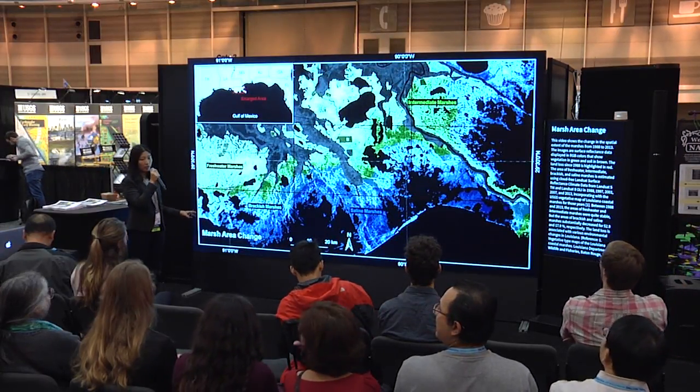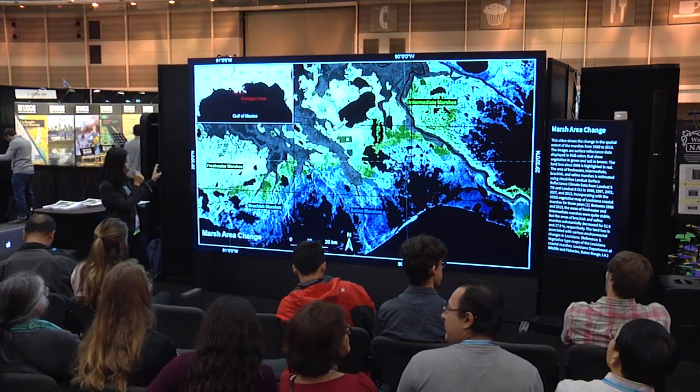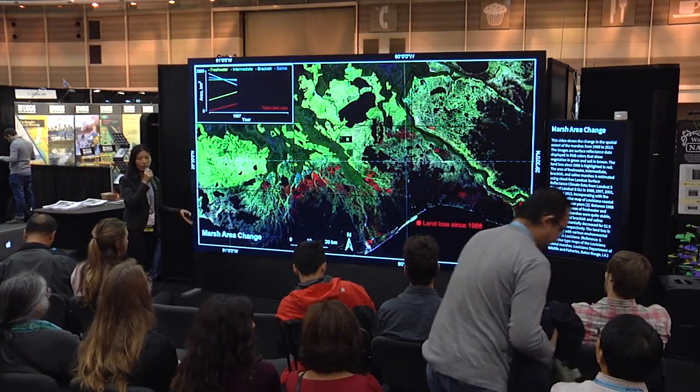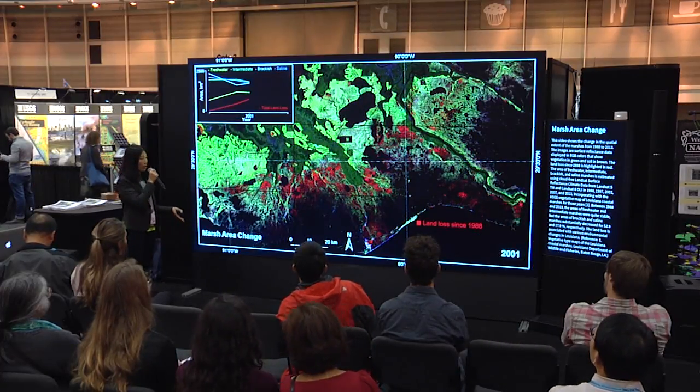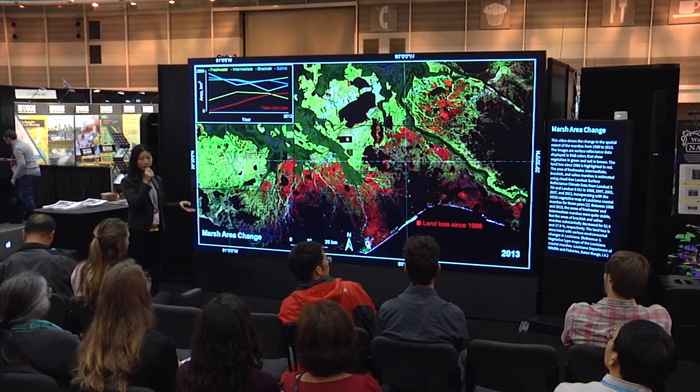This video is showing the area change of the marshes over the last 30 years. Again, we have 4 marsh types. And the satellite images are again showing vegetation in green and soil in brown. The land loss since 1988 is highlighted in red.